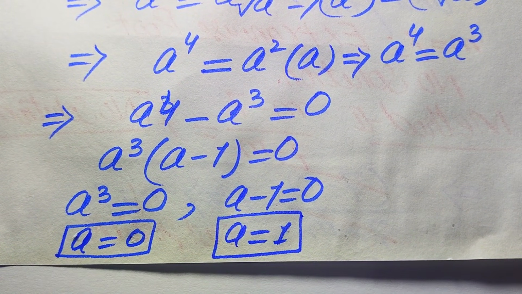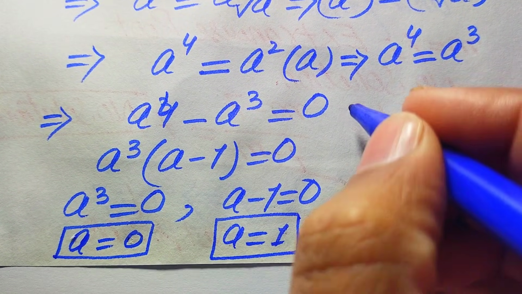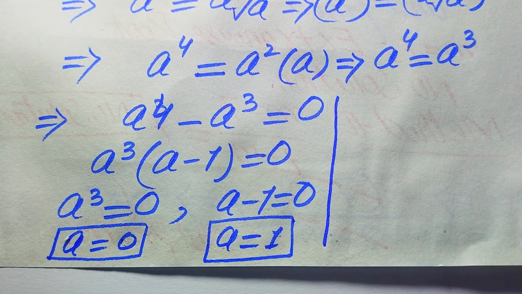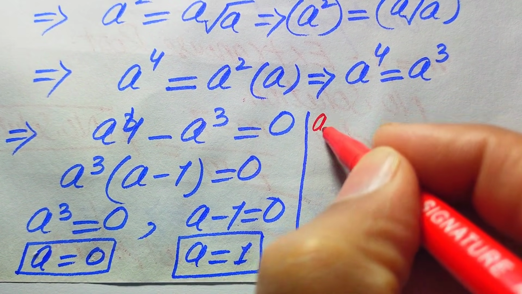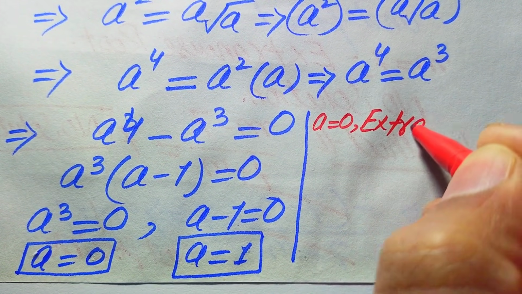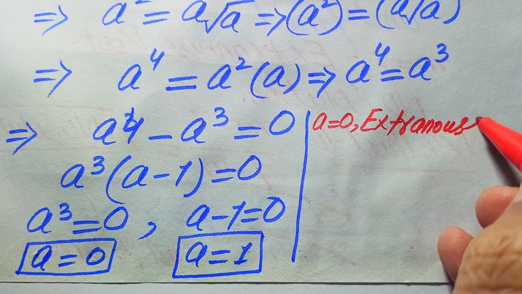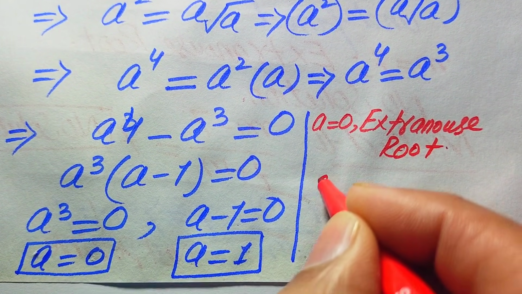So in the second method, you see we again get these two roots of the given equation, but in the first method we already verified that a equals 0 does not satisfy our given question statement, so we call a equals 0 the extraneous root of the given equation because it does not satisfy the given question statement.